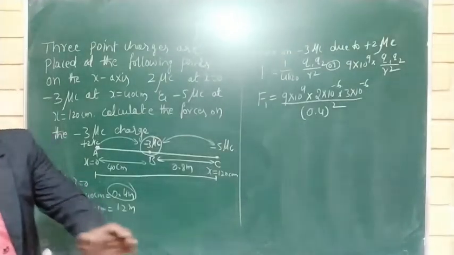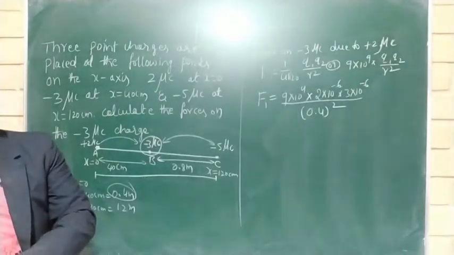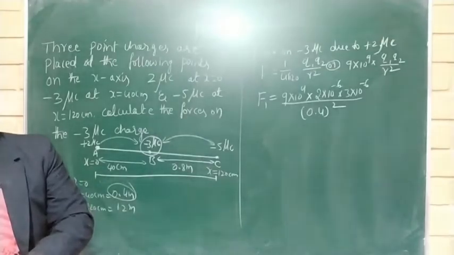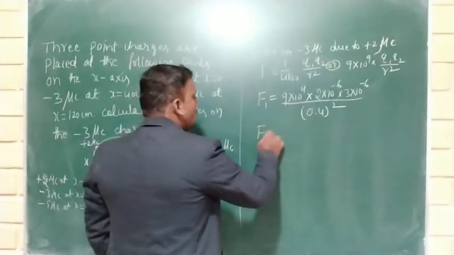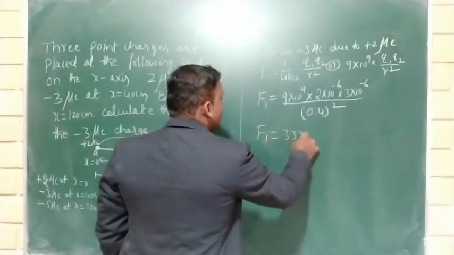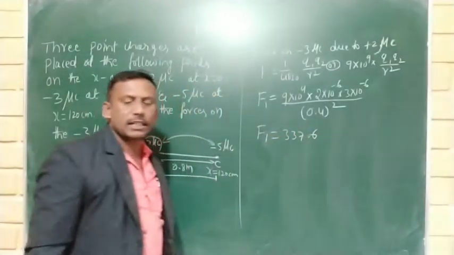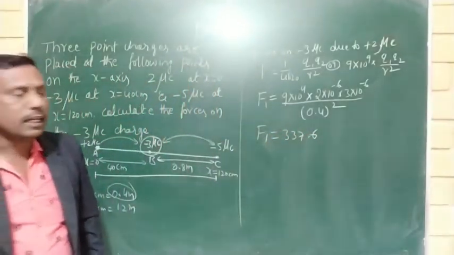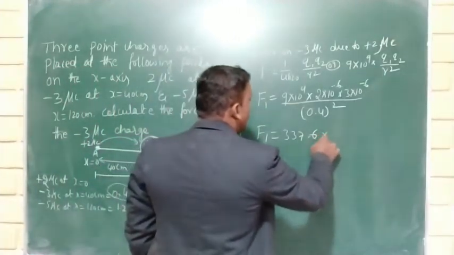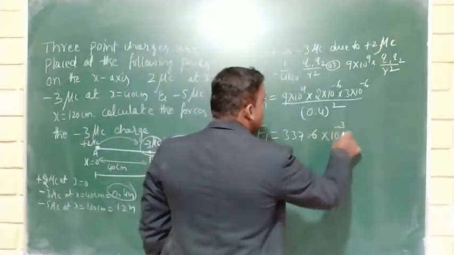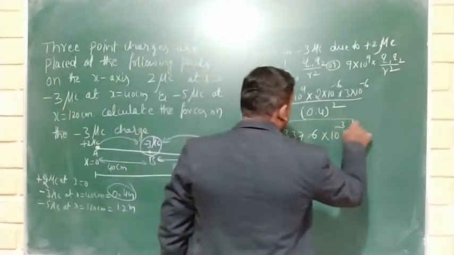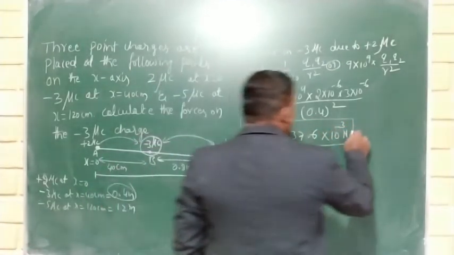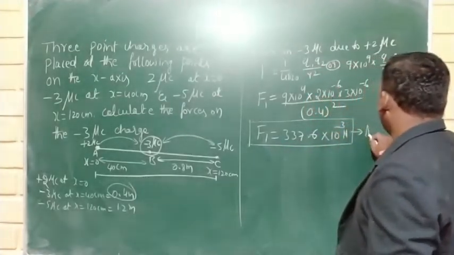After simplifying this equation, we will get F1 equal to 337.6 into 10 to the power of minus 3 Newton, and this is attractive in nature.